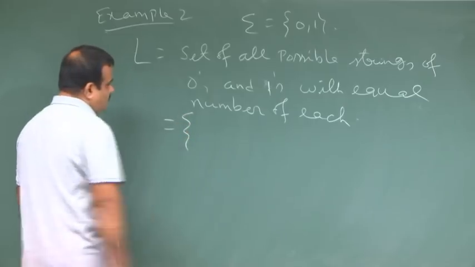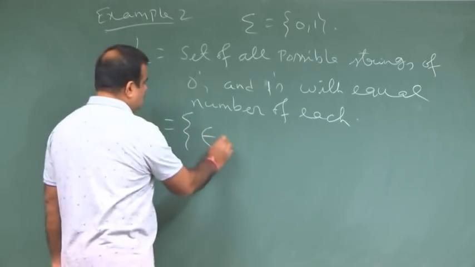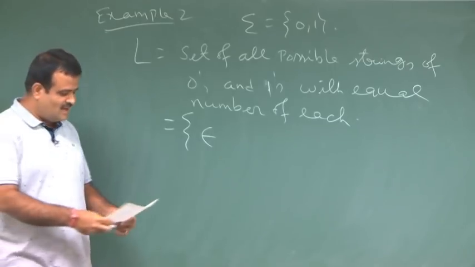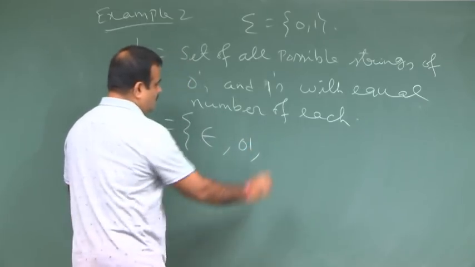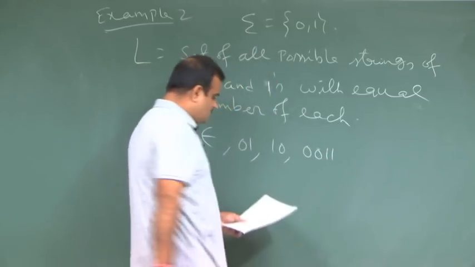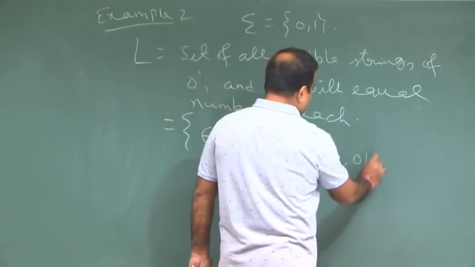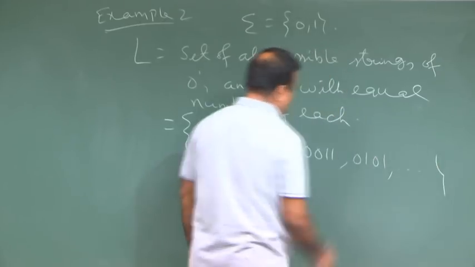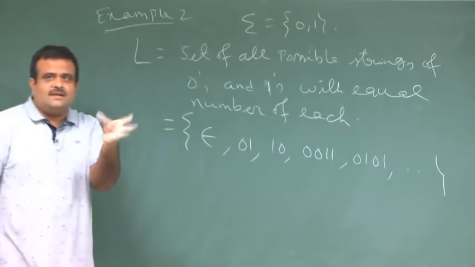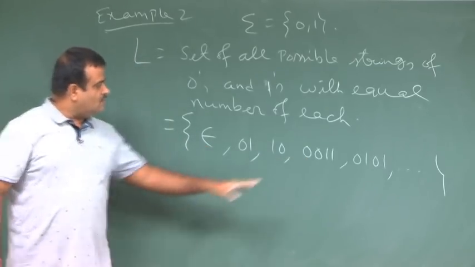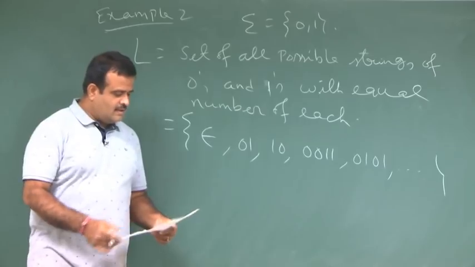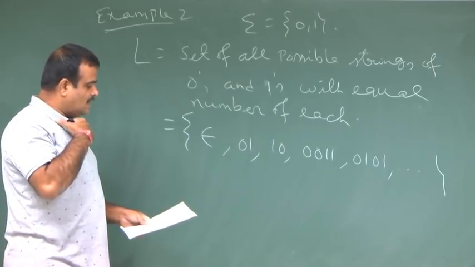It consists of the null string, that means no zeros and no ones, and then 01, 10, 0011, and in any of these places it could be like 0101. The number of zeros and ones must be the same, we do not bother about order. So, if there are 2 zeros and 2 ones, any linear permutation of this will be in the language, the 11 could be here, or 11 could be there, like this.